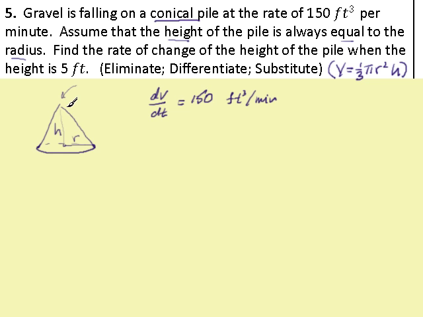So as the gravel falls, it maintains that same proportion of height equal to radius. That's our side equation that we'll use to eliminate the variable that we're not interested in. Here, find the rate of change of the height. So we want to find dh/dt when the height is 5, when h equals 5.